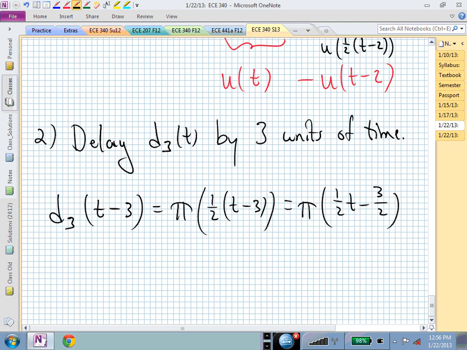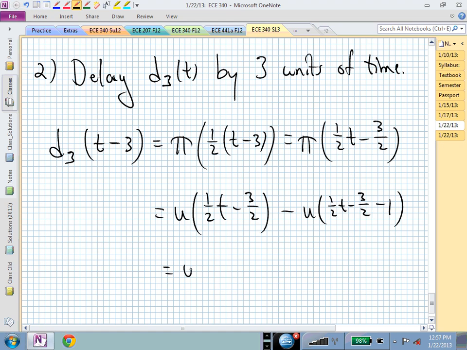But what was pi of t? Now we can replace the t's in the pi of t expression with 1/2 t minus 3 everywhere, and this now becomes u of 1/2 t minus 3/2 minus u of 1/2 t minus 3/2 minus 1.